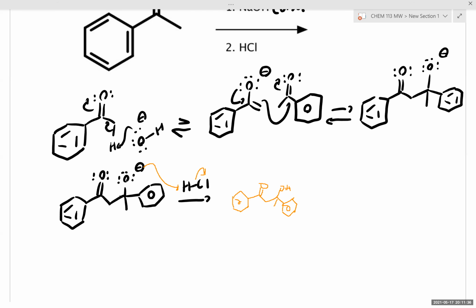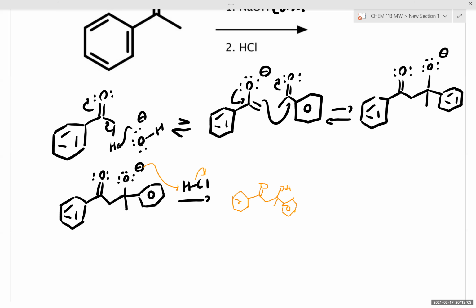So we have this beta hydroxyketone. We're treating it with excess acid. How are we going to drive this equilibrium towards the products? This beta hydroxyketone can be isolated in low yield, but usually in order to drive this equilibrium towards the products, we dehydrate this beta hydroxyketone to the corresponding enone.